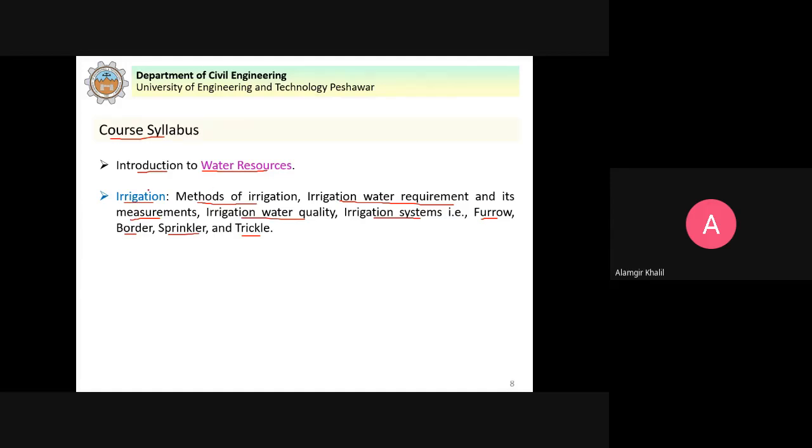So in this we will study what is irrigation, which is the artificial application of water to crops. So since we artificially supply the water to crops, we will study what are the different methods of irrigation. So we have surface irrigation system or the groundwater that is used for irrigation purposes.